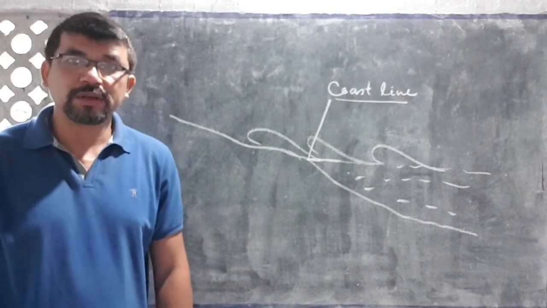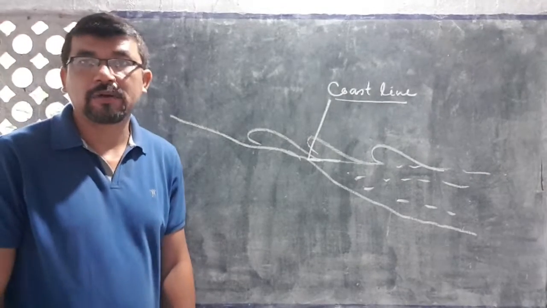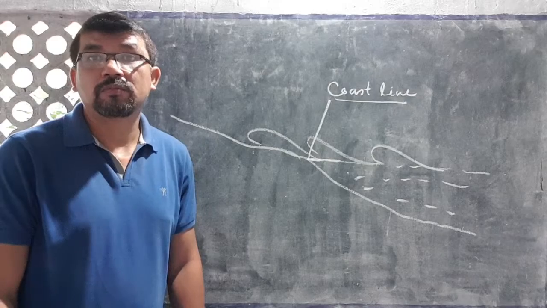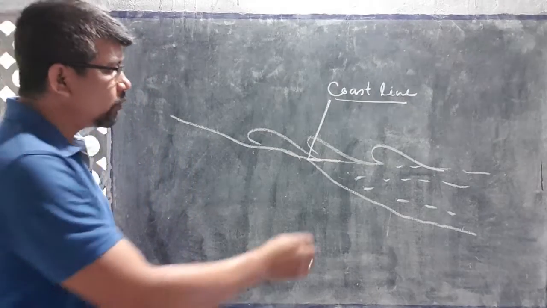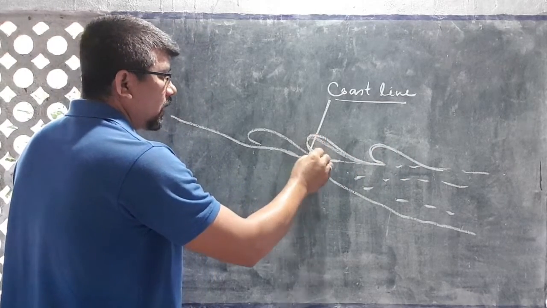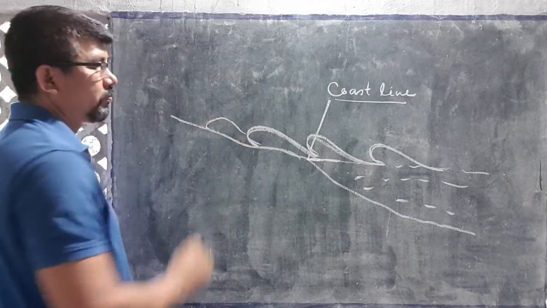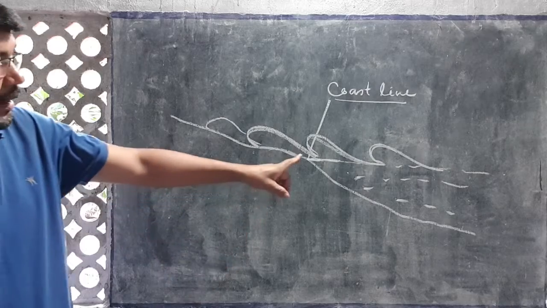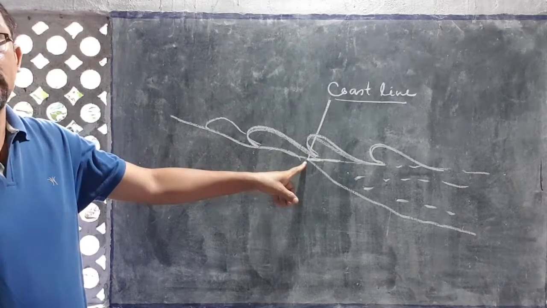And coastal region means, at the time of tsunami, earthquake, high tide, and very dangerous storm, the sea waves are very, very big and they come towards the land portion this way. But in normal conditions, sea waves can touch only this point of the land.